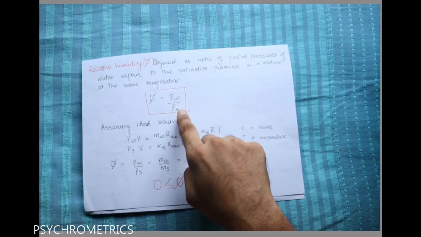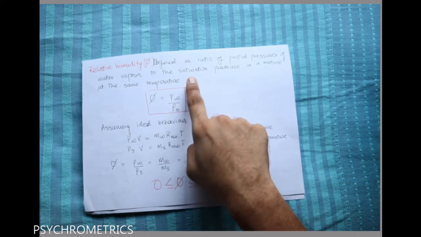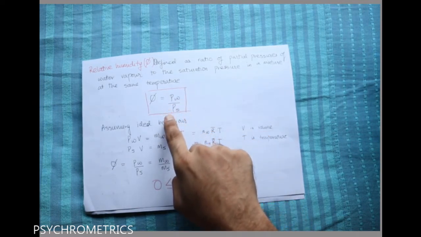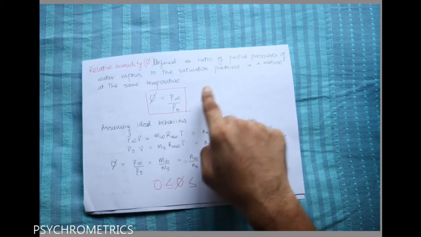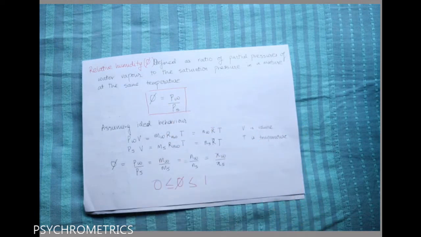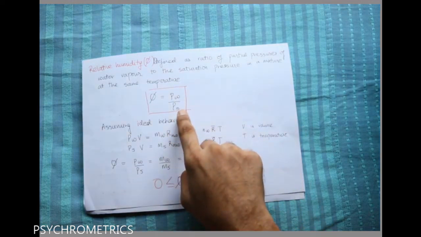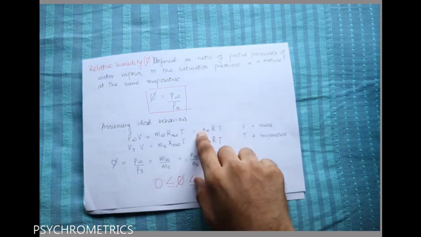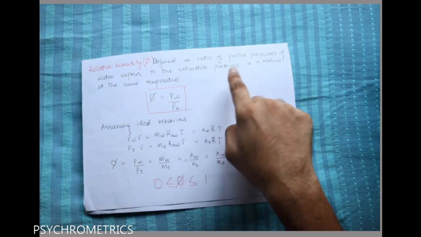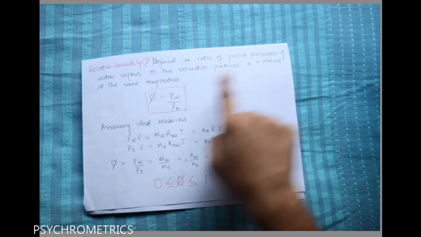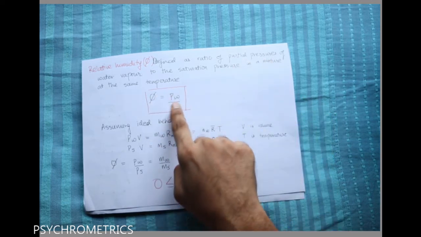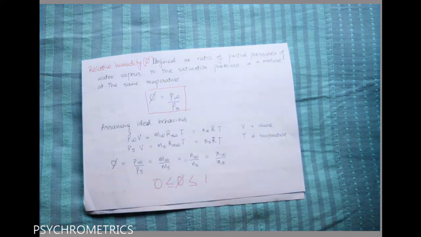And what would be the partial pressure when the air would be in saturated condition? That is the saturation pressure. The actual partial pressure is PW, and PS is the saturation pressure. Now, we assume ideal behavior of the gas.